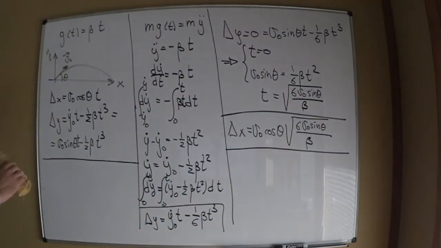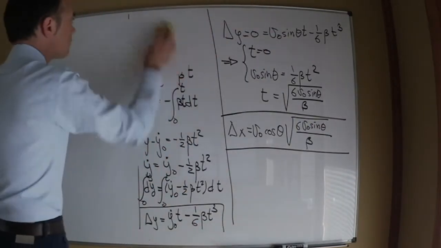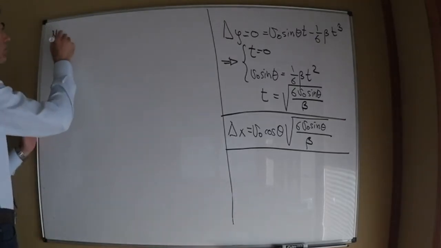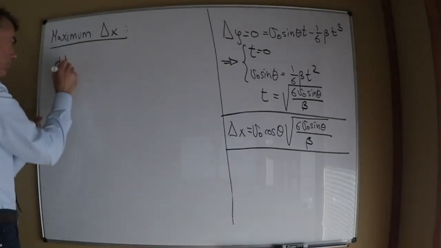Now, in order to maximize the range delta x, I derive it with respect to the angle and equal it to 0.